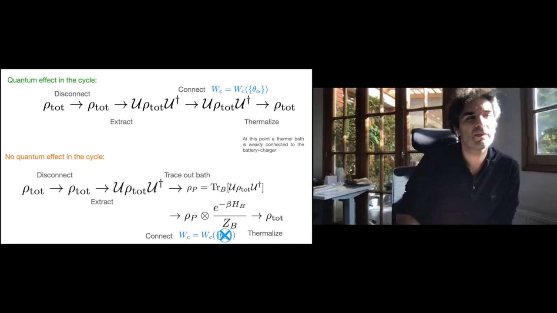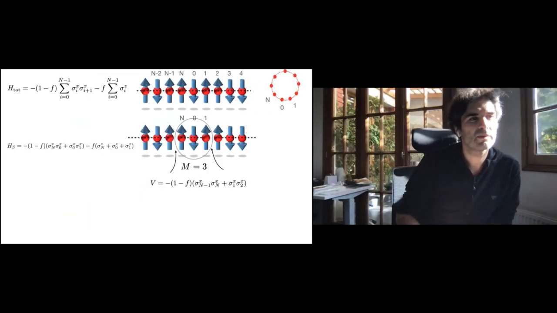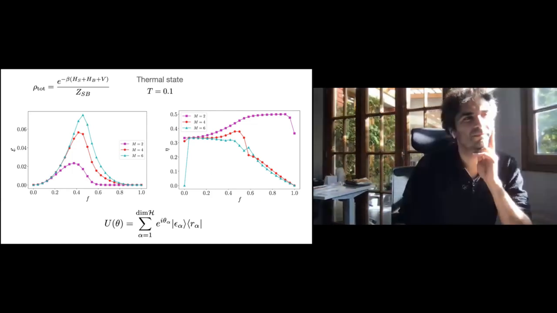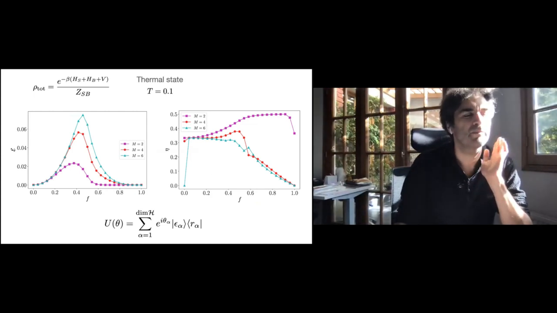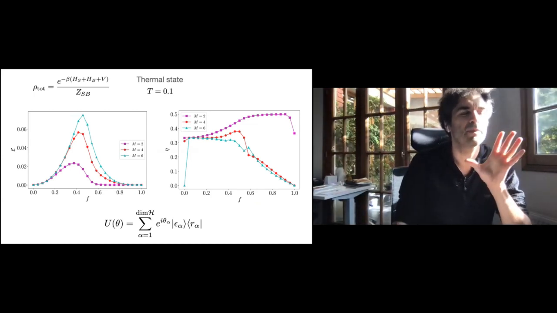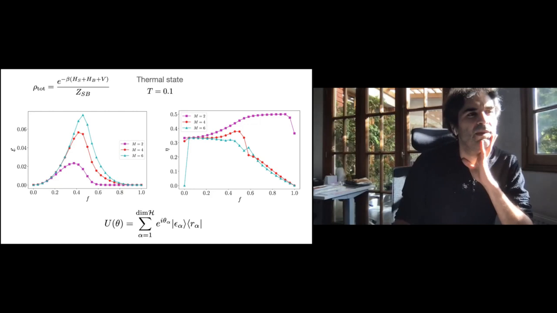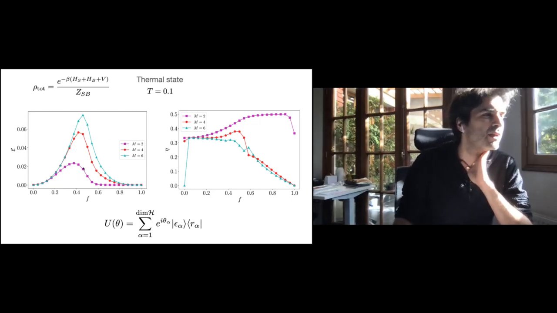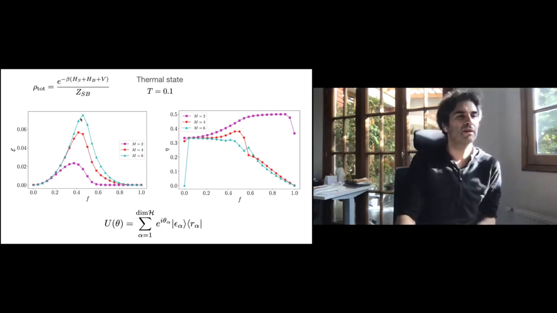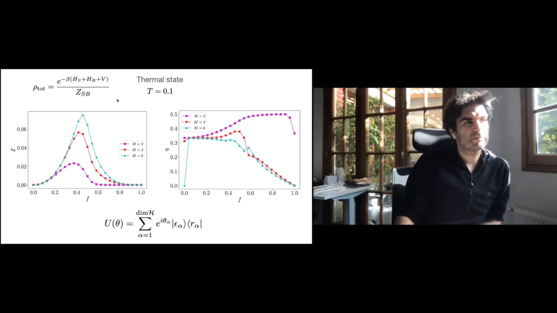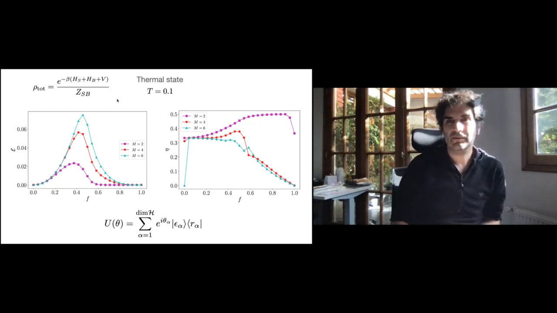Here this is the number of spins that form the battery, but the battery charger has a fixed number of 11 spins, and the efficiency decreases as you increase the number of spins in the battery, although the ergotropy increases with the number of spins in the battery. Okay. Thank you, Felipe. Yeah, welcome.